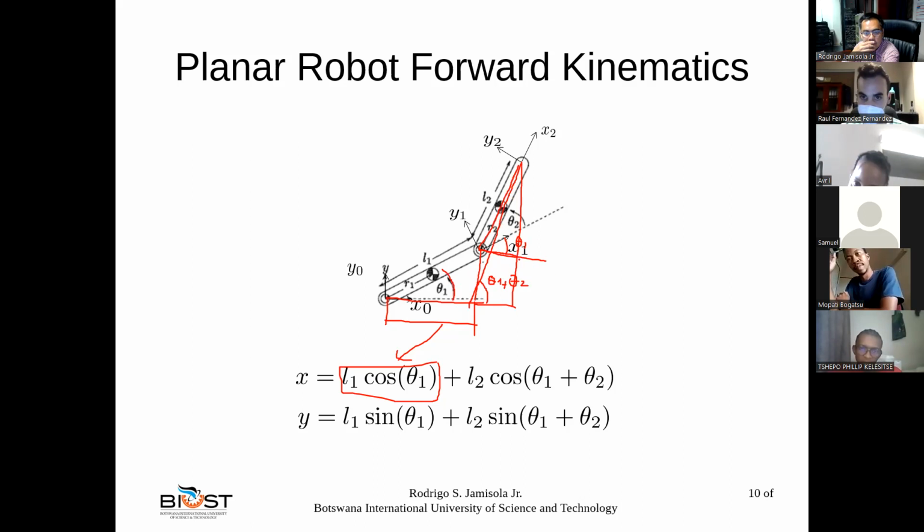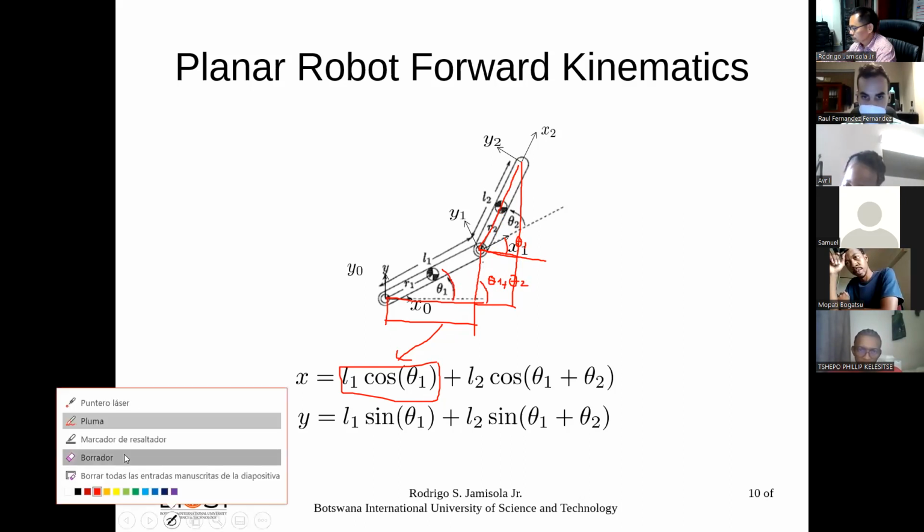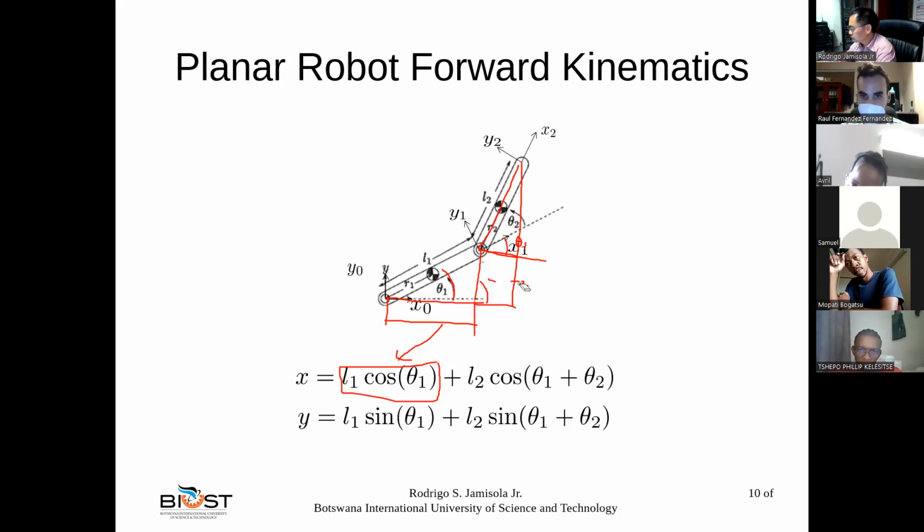Sorry for the mess. So yeah, let me fix that. I think it's better to understand like this. Okay, so this is θ1, this angle is θ1 plus θ2, and this angle is θ1.